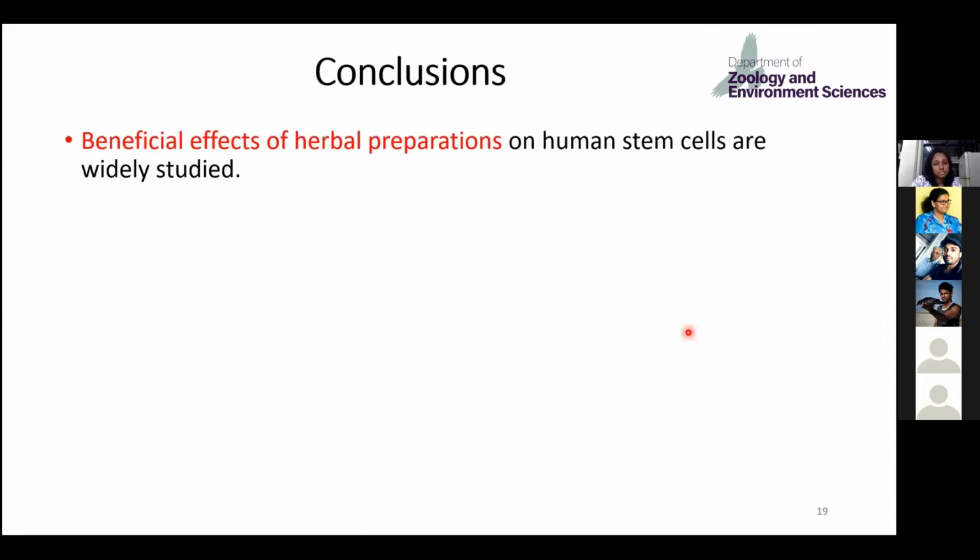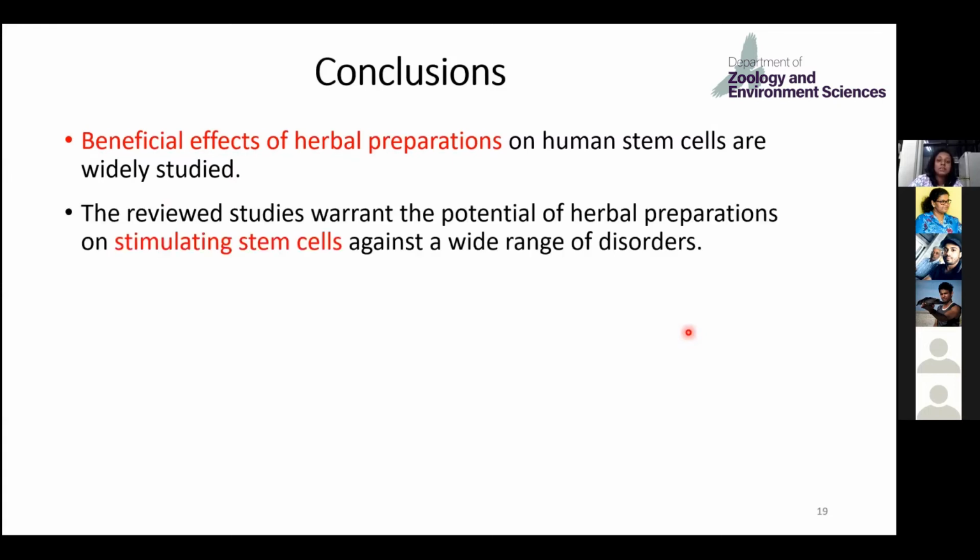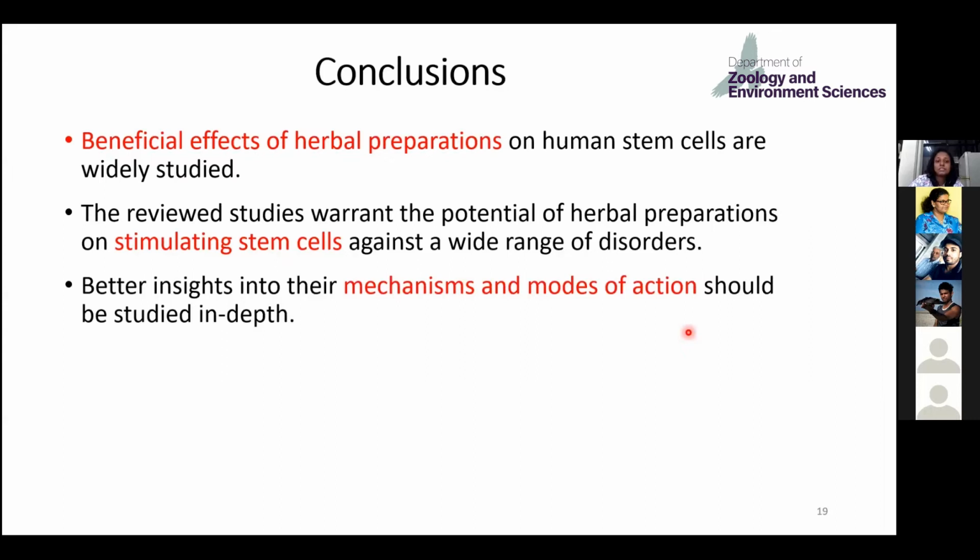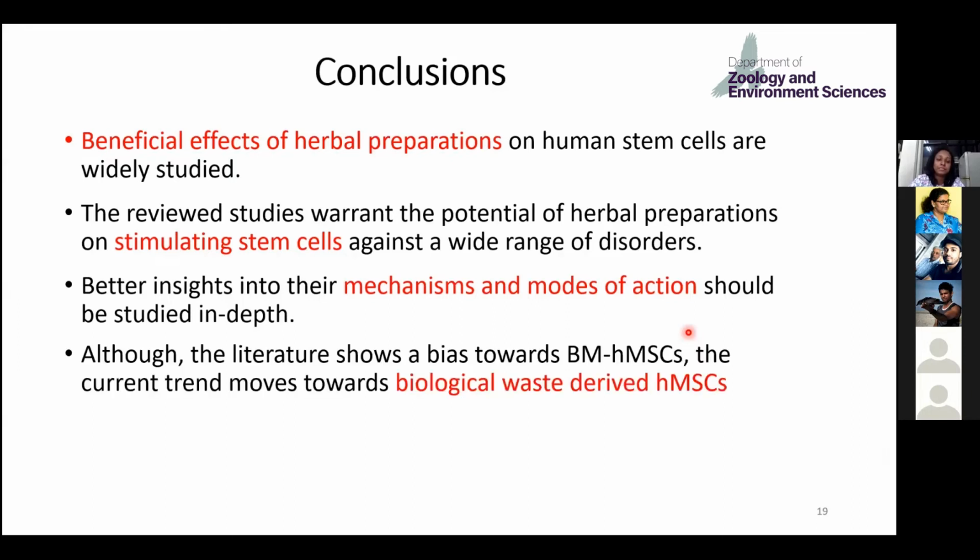Our conclusions in this article were that, of course, there are beneficial effects of herbal preparations on stem cells, they are widely studied, and these can be used to stimulate stem cells. Mechanisms and modes of action should also be studied in depth.